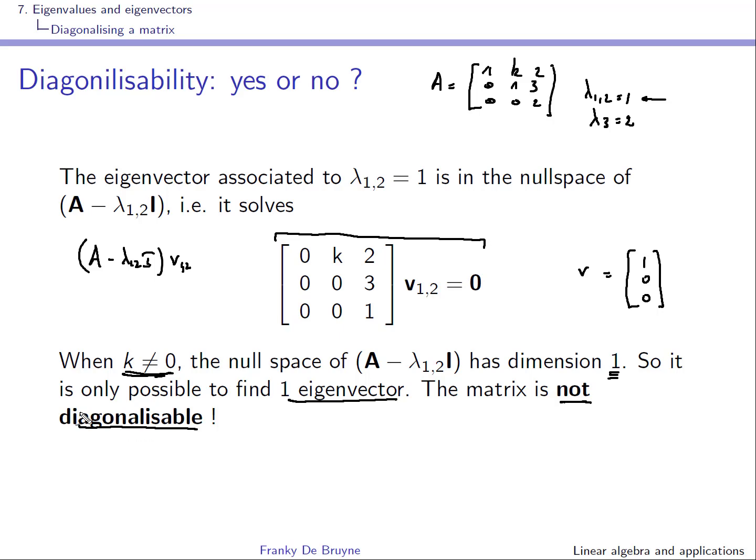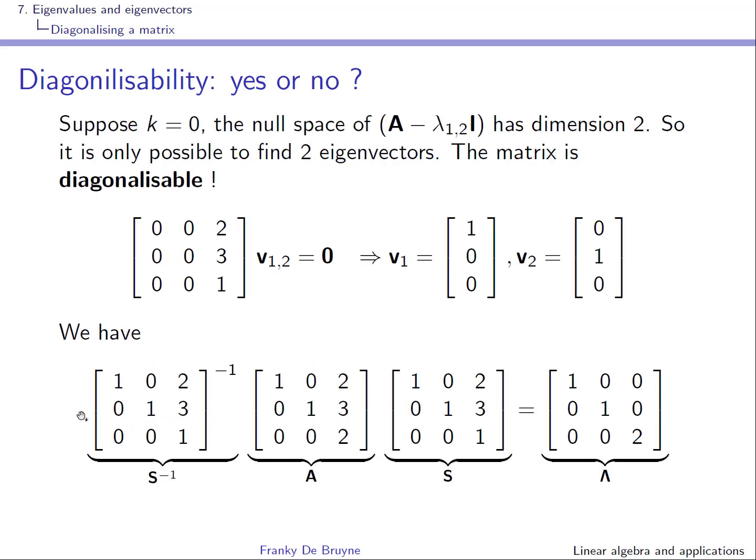So suppose now k is equal to 0. Well then things become different, and remember that we had k over here, and this is k is equal to 0. Now the null space has dimension 2.